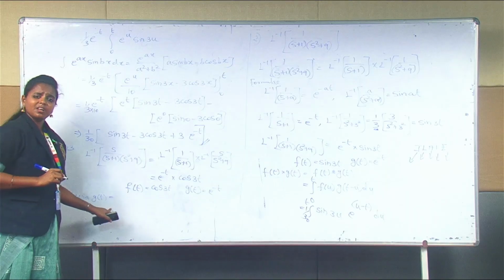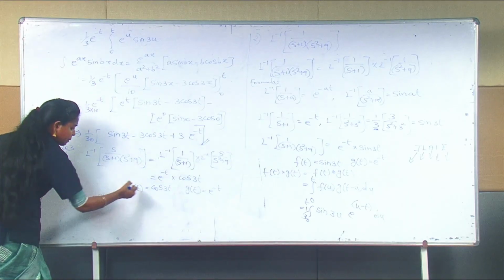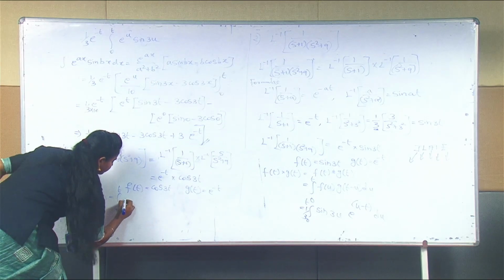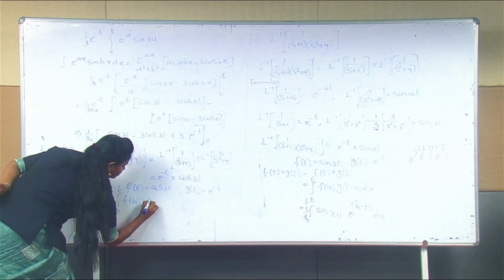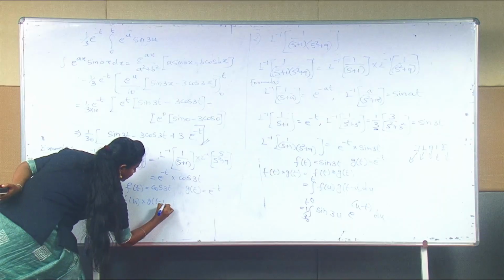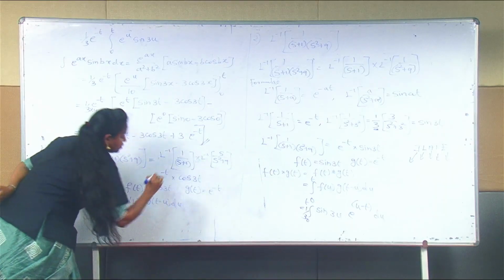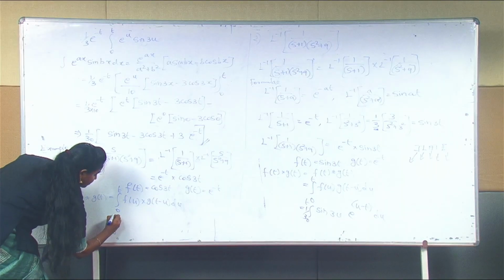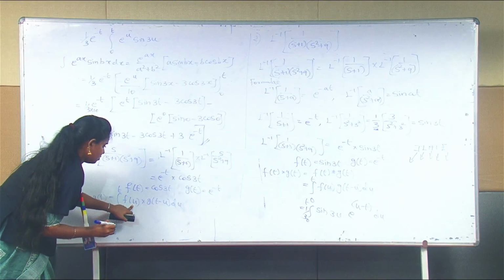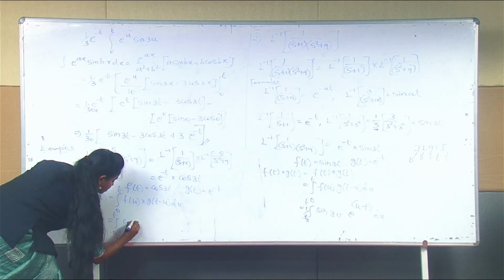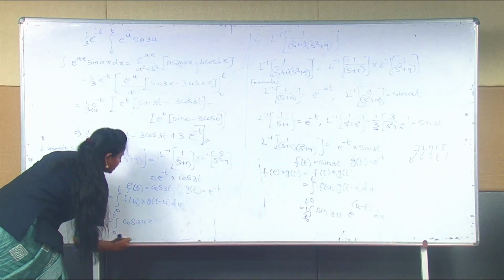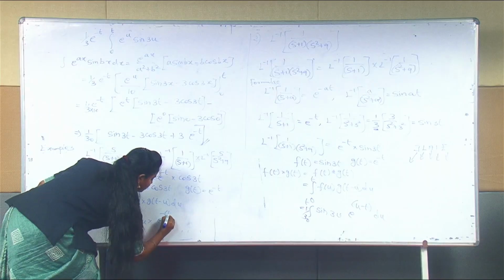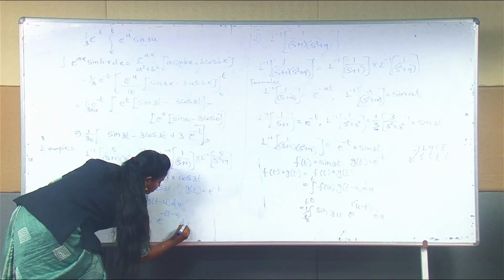Here I will solve directly. Integral from 0 to t, f of u into g of t minus u into du. So what is f of u? f of u is cos 3u. g of t minus u is e power minus of t minus u into du.